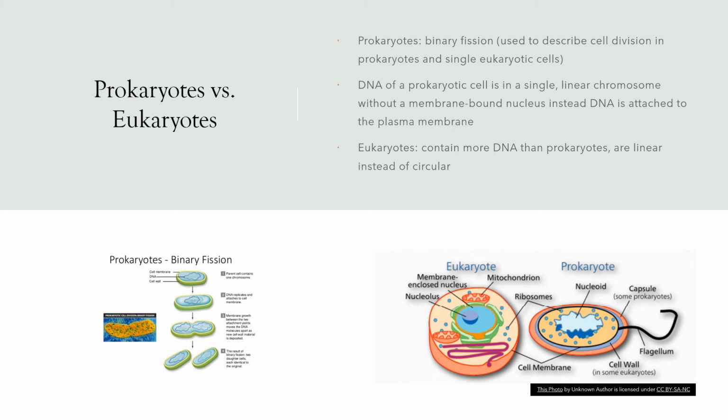The whole point of this is to make genetic copies and share the DNA that is within the parent cell by creating two daughter cells that could then transfer the genetic information throughout the cell, if that makes any sense.